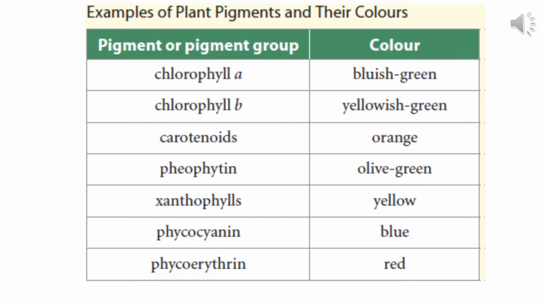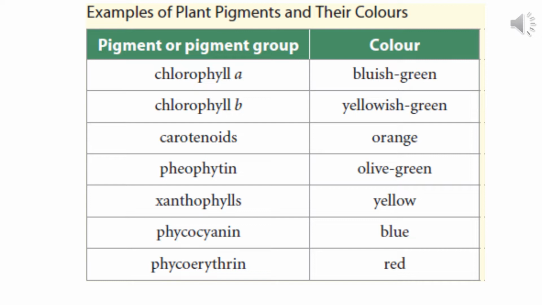A set of molecules called pigments are responsible for the absorption of energy from the light and transforming it into chemical energy. So if the pigments are not there, light energy cannot be transformed into chemical energy.